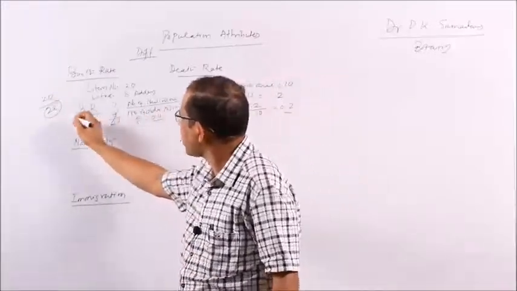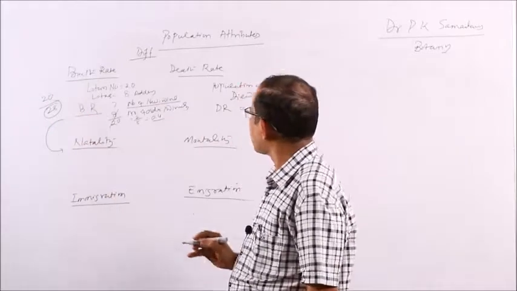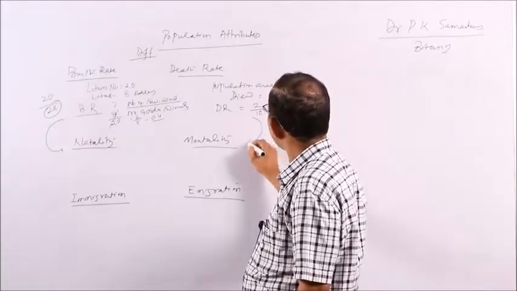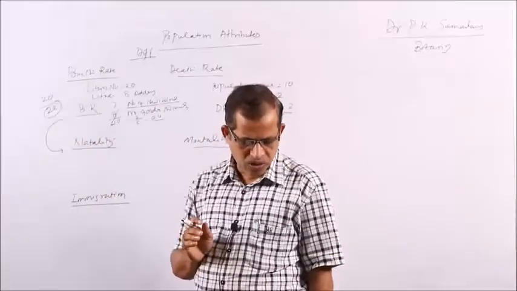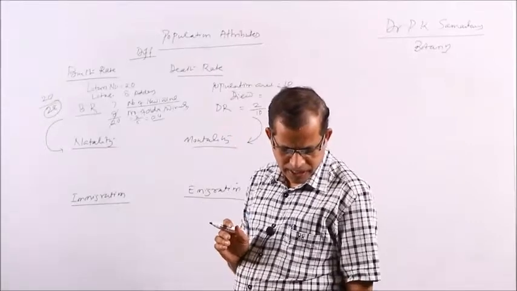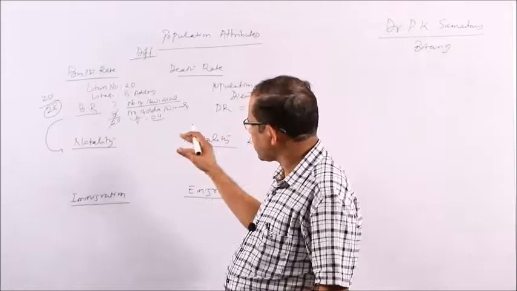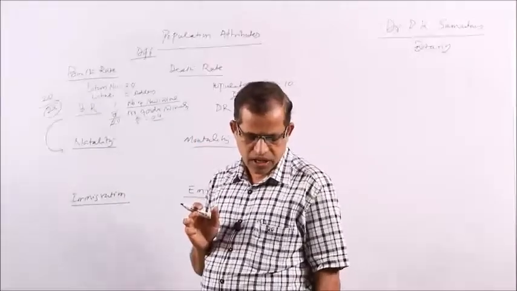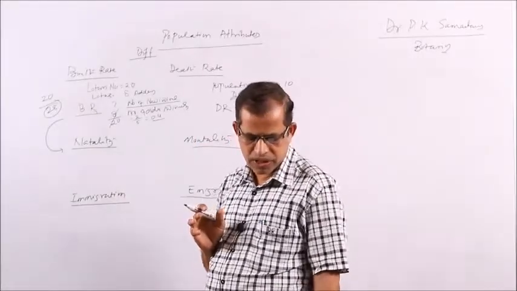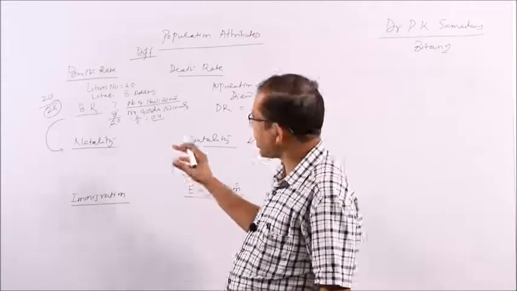Now, related to that is natality, and the death rate is called mortality. Natality is the number of births per unit population per unit time, and mortality is the number of deaths per unit population per unit time.